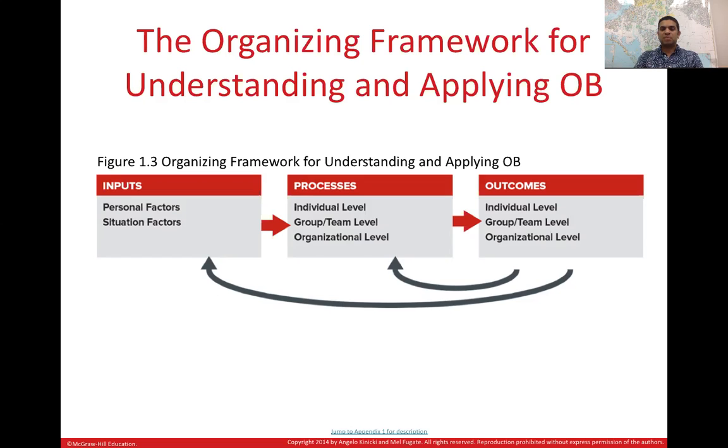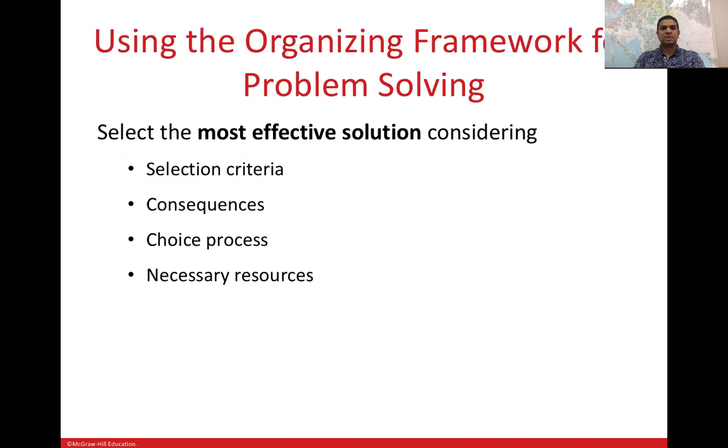So that wraps up our chapter in which we introduced organizational behavior. But there is also one thing that I just wanted to emphasize that I forgot about before, which is that when we select the most effective solution, in step number 3, we have to take into consideration what are the consequences for all of the people involved?